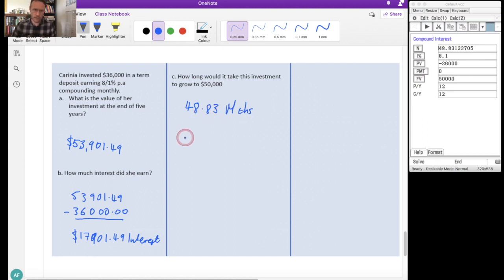So 48.83 rounds up to 49 months. Because at 48 months, we don't have the 50,000, so we have to go up. Even if it was 48.1 months, in 48 months, we don't have the 50,000, so it has to go up to the next whole month, okay? So 49 months to reach $50,000.